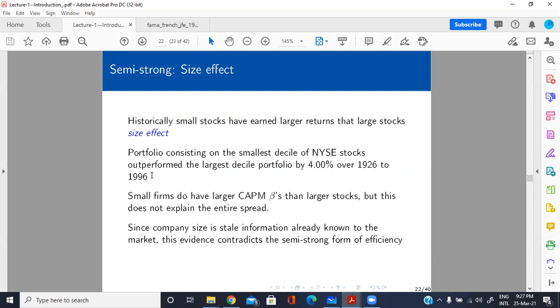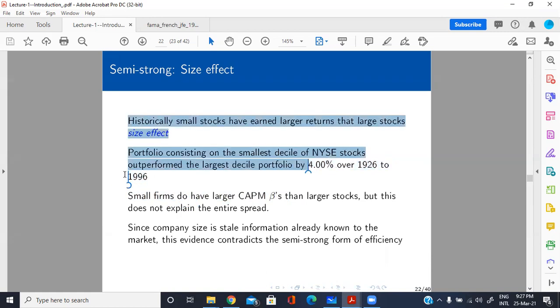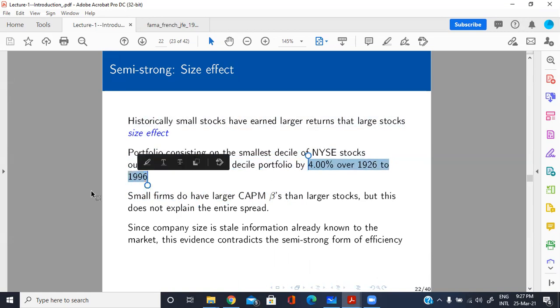Okay. It is a Fama or other paper. How much return from this difference from small to large? 4%. Probably it is annual. It should not be monthly, this big number.